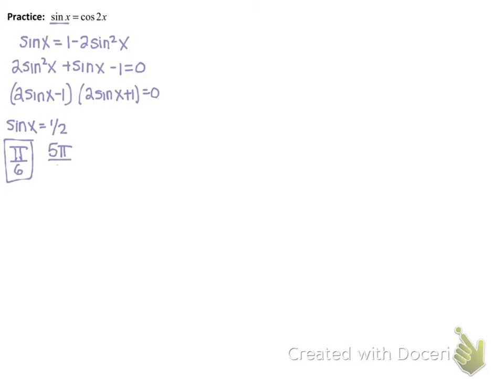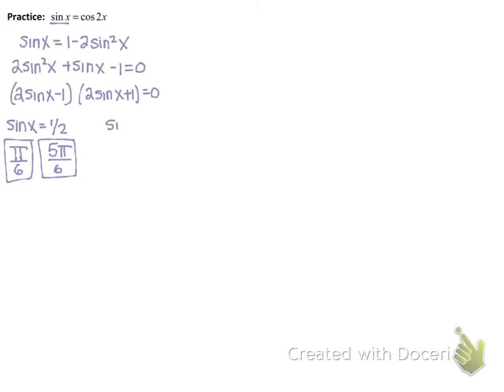After I factor, I'm going to have 2 sine x minus 1 and sine x plus 1. So on the left, we have sine of x is equal to 1/2, and sine is 1/2 at pi over 6 and 5 pi over 6 from my unit circle.